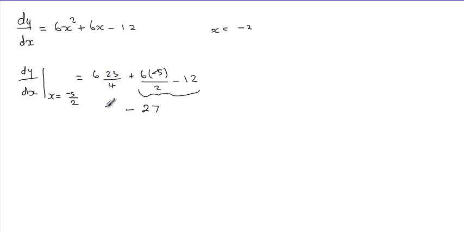So 36 minus 27 is clearly greater than 0. So it will be even greater than 0. Which means the derivative there is greater than 0. So the function f(x) is increasing.